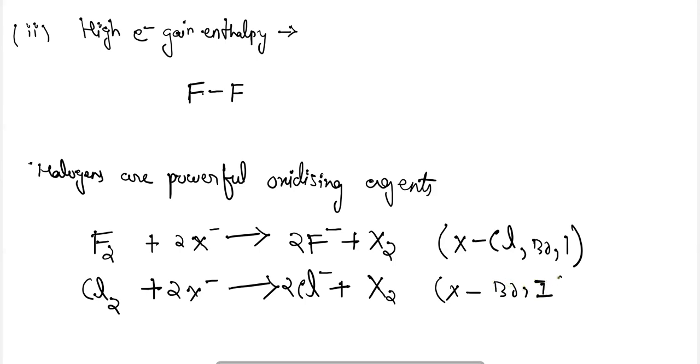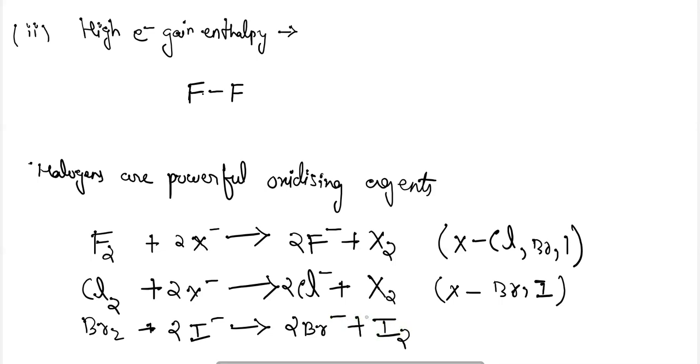Similarly, bromine can also oxidize iodine. But the higher elements cannot be oxidized by the lower halogens. The reason is that they have the highest electron gain enthalpy, and for this reason they easily oxidize the elements present below them.